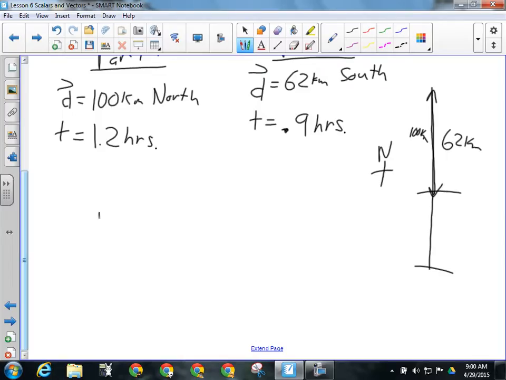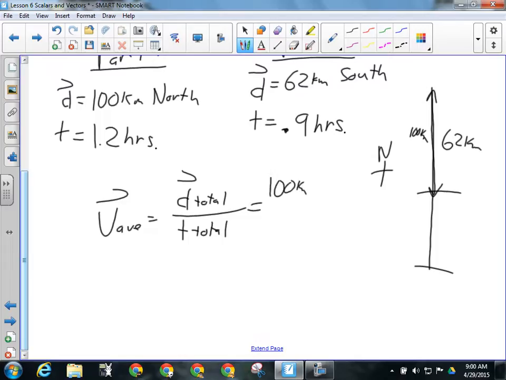All right. So average velocity is total displacement over total time. Okay, so we'll have 100 kilometers north plus 62 kilometers south, which is essentially like saying 100 plus negative 62 or 100 minus 62, whichever way makes more sense to you.